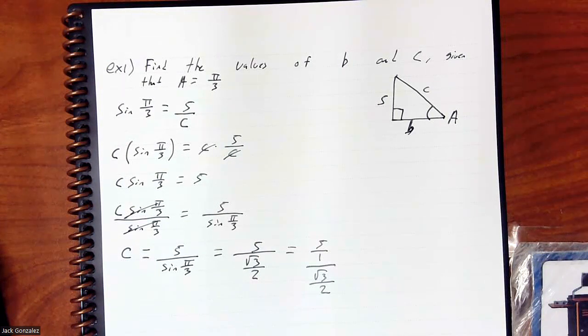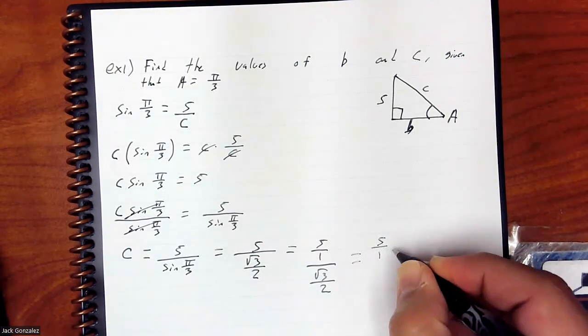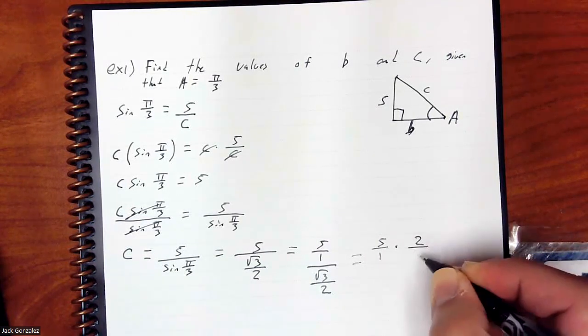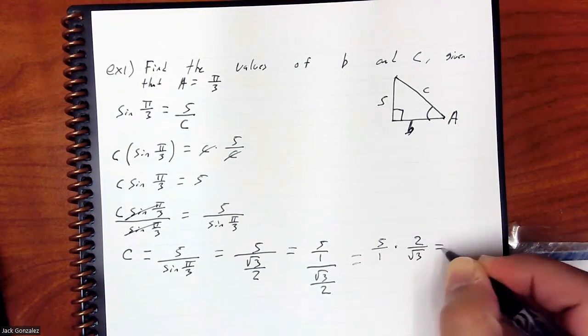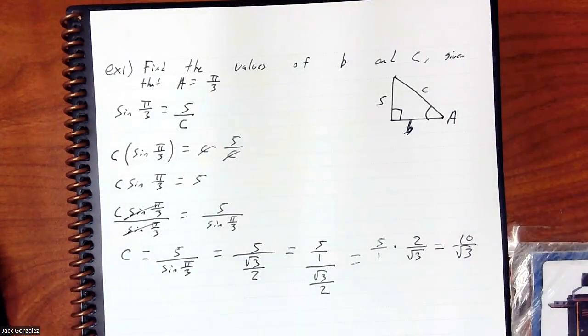Right? So you always flip this over, times the 5. I put the 5 over 1 so you can see it a little better. So this will become 2 times root 3 over root 3, which is 10 over root 3. If you're rusty on fractions, is this clear? Is that okay?